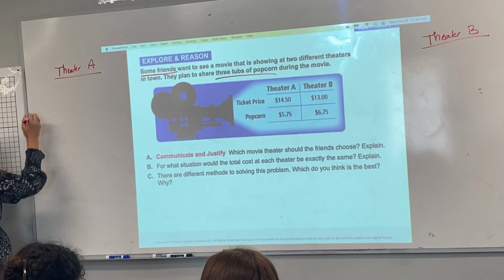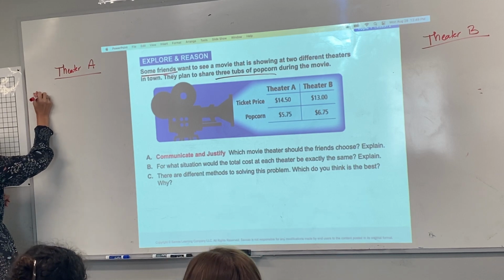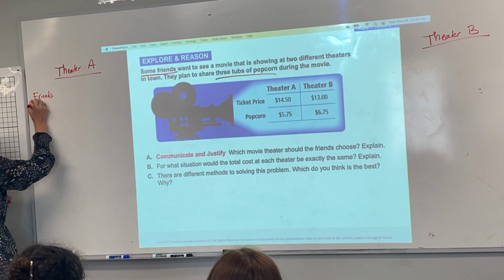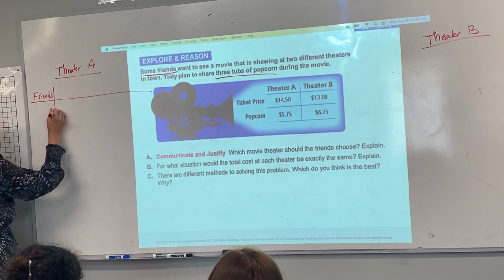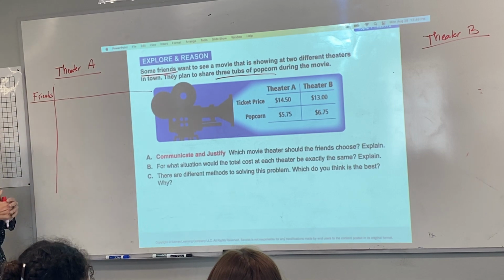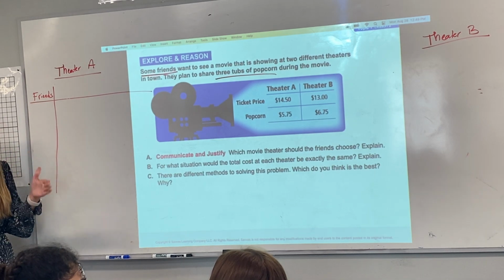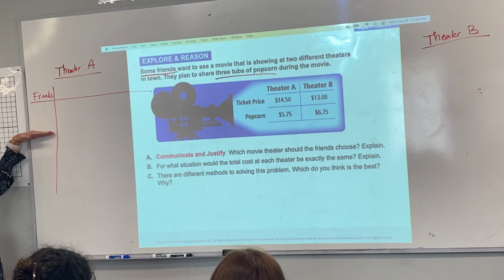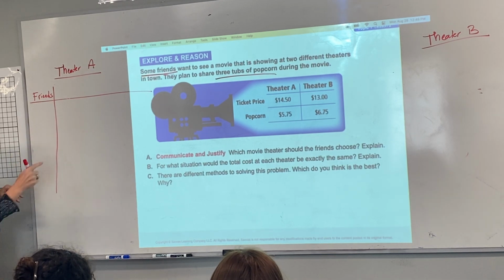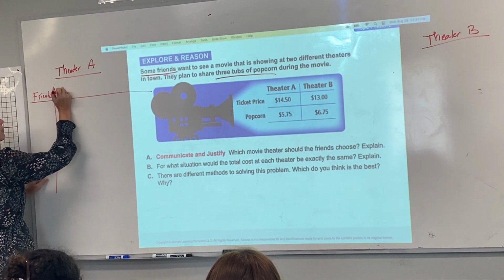First, I'm going to have a category for the number of friends. Then, because it doesn't tell us how many friends, I'm going to do a couple of different scenarios. Then I'm going to do a category for the ticket prices.